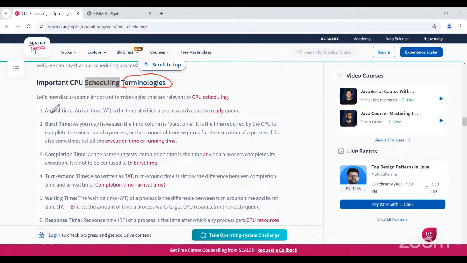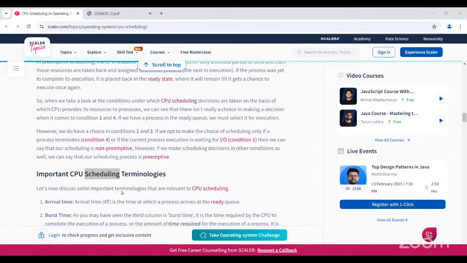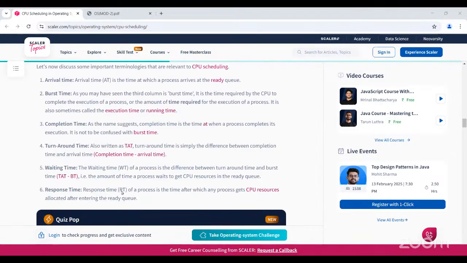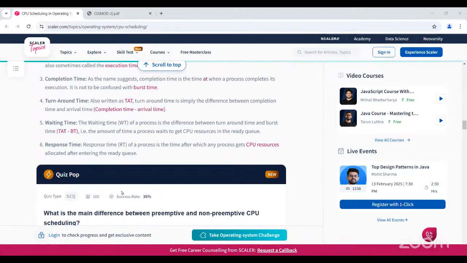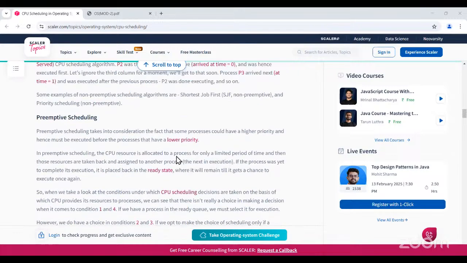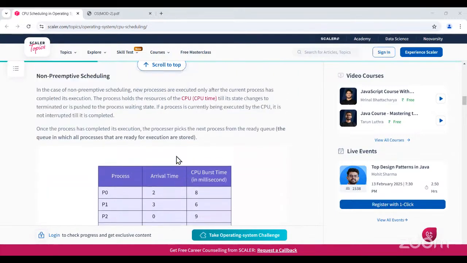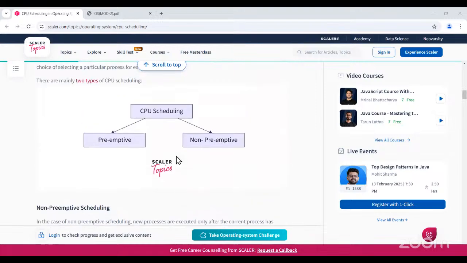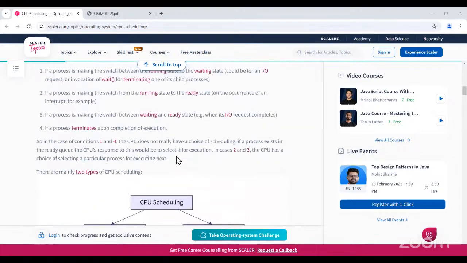One terminology is arrival time. Next is burst time, then completion time, turnaround time, waiting time, and response time. These are the terminologies used in CPU scheduling, but we don't require that depth here. So there are two types of CPU scheduling.